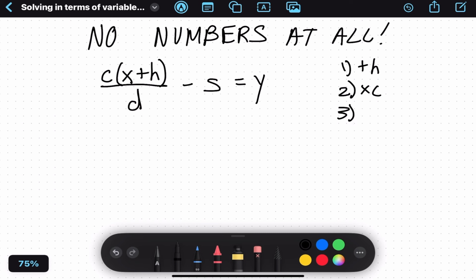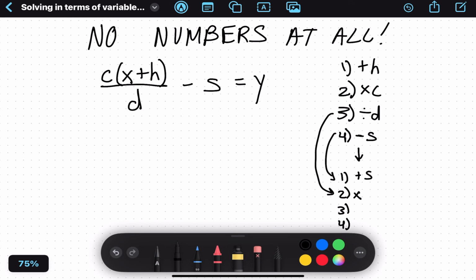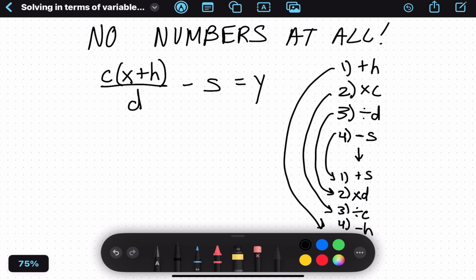That's the next order. And then finally, we are subtracting s. Now, to reverse these, first we're going to add s, then we're going to multiply by d, then we're going to divide by c, and then finally, we're subtracting h.